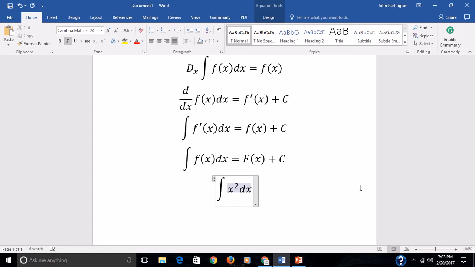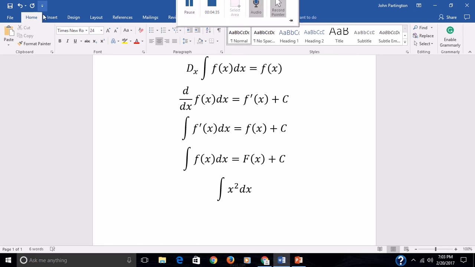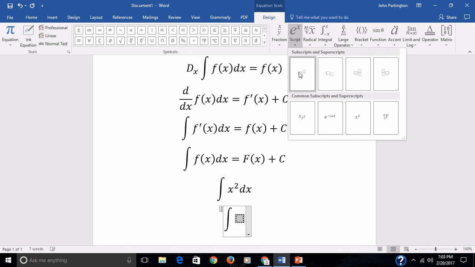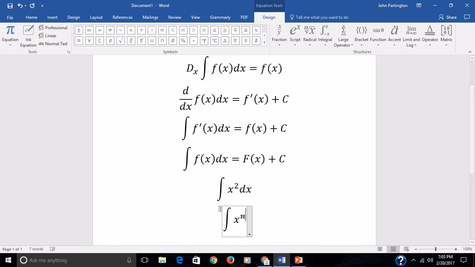The reverse power rule of x to the n dx is going to be equal to x to the n plus 1 over n plus 1.